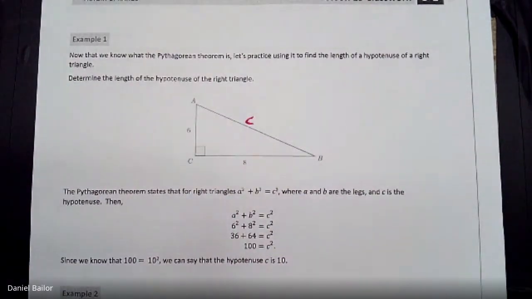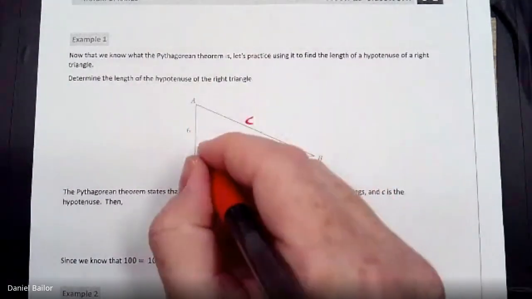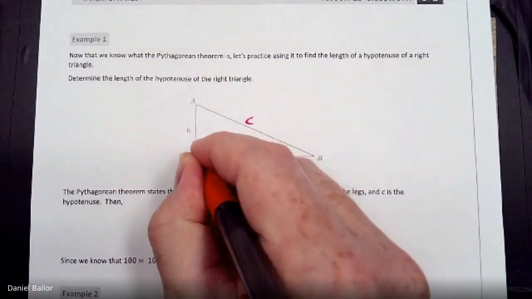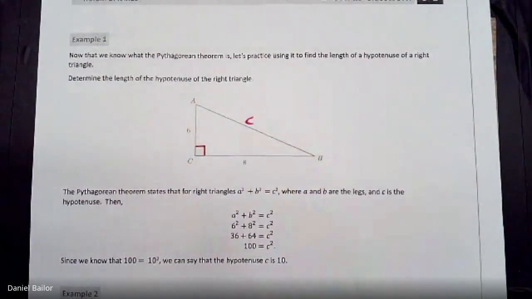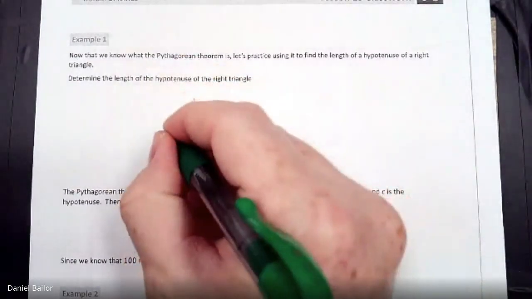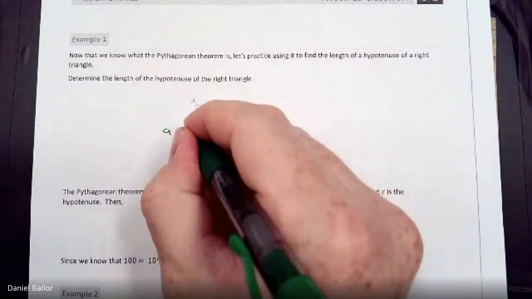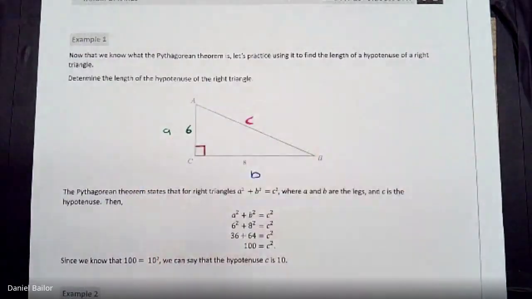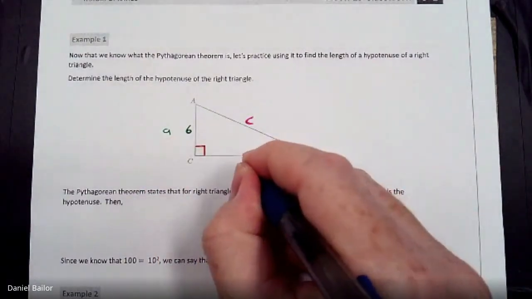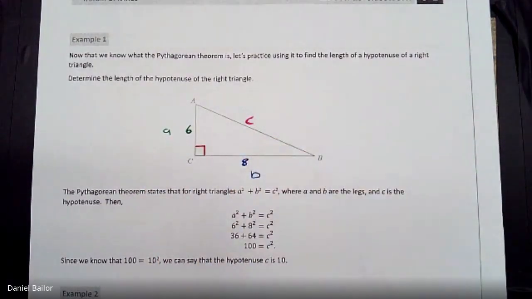It is C. Also remember to check: yes, it is a right triangle because it has a right angle. And then I'm going to label A and B for my legs. So leg A is 6, leg B is 8.